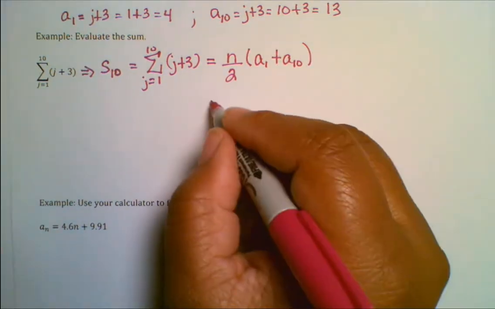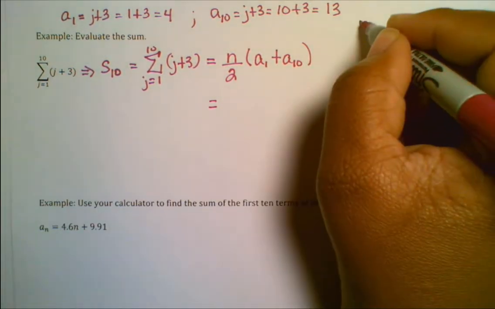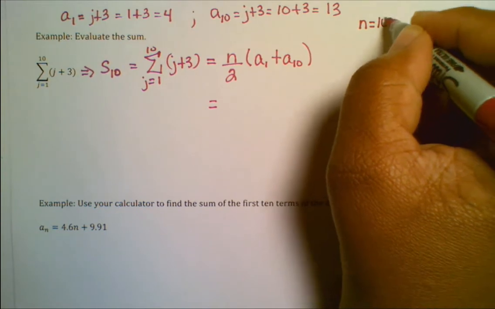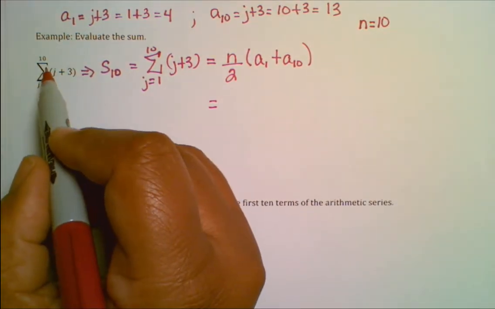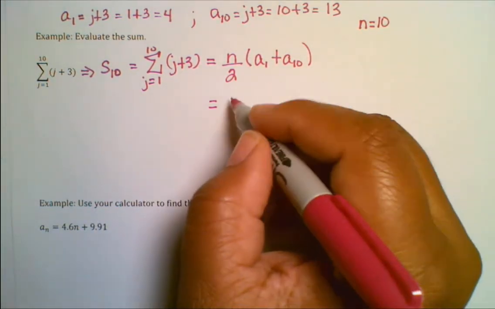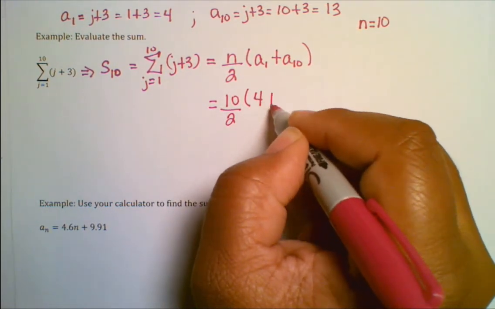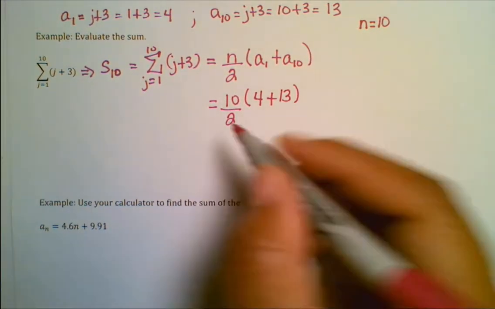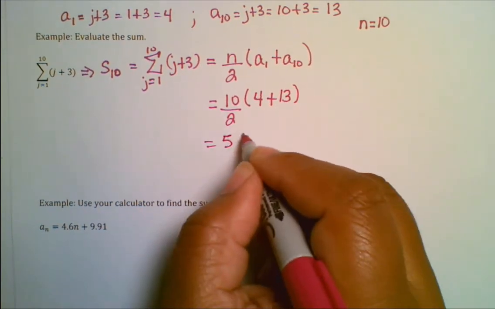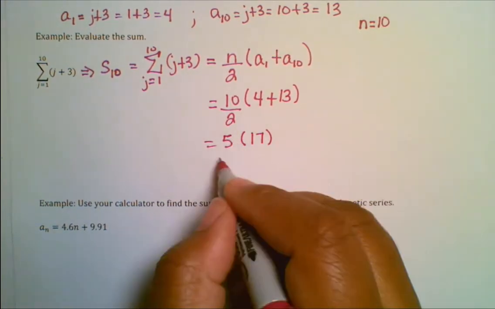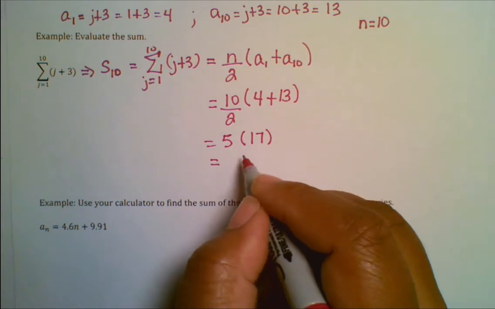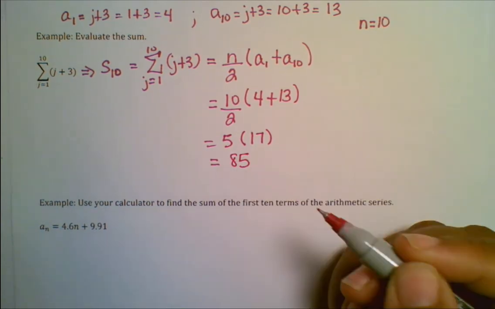Okay, so let's plug those numbers in, because this term goes up to 10. So we have 10 over 2 times 4 plus 13, and then we have 5 times 17, and then that gives us 85.